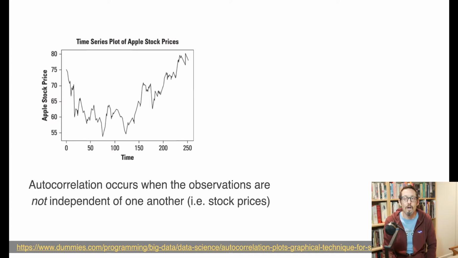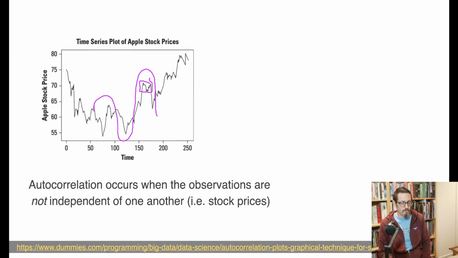So autocorrelation can't be in there. Autocorrelation occurs when observations are not independent of each other, right? If you look here, for these times in here, the Apple stock price is all roughly the same, okay? And over here, it's all roughly the same. And there seems to maybe even be something like a periodicity in this signal, right?